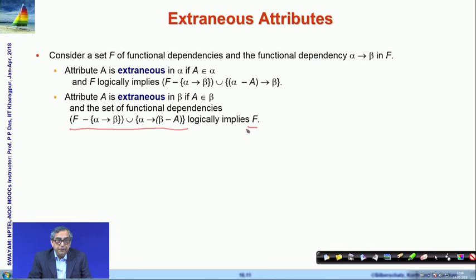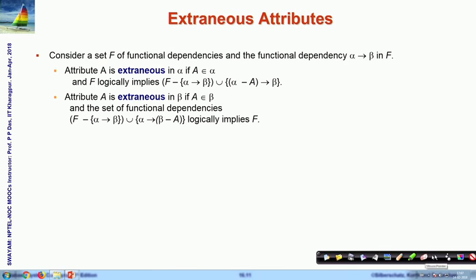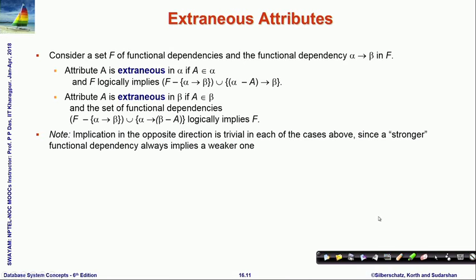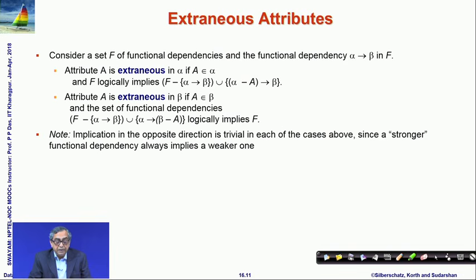On the other hand, if you are removing something on the right hand side, then you are making your consequence simpler. So, you need to understand whether that set implies the original set.